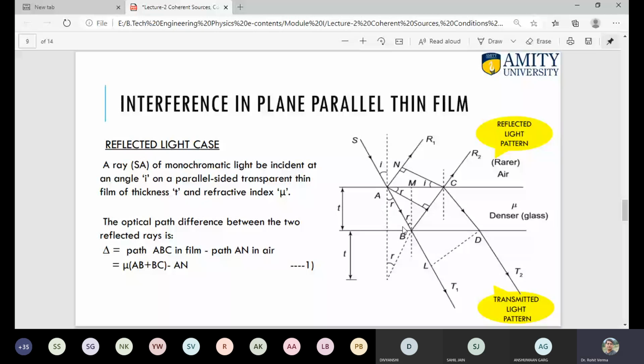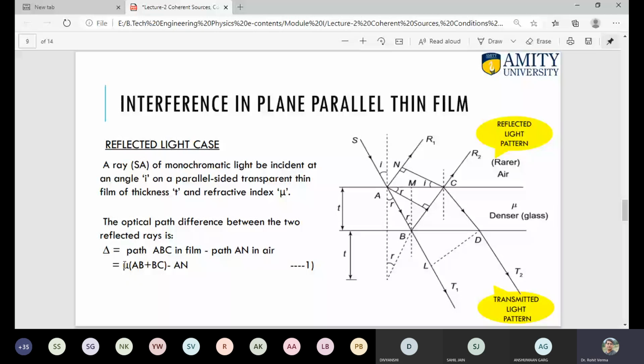So AB plus BC. But since we are concerned about optical path, in order to determine optical path, we multiply the real path by the refractive index of the material. So we have multiplied this path AB plus BC by the refractive index of the soap film or the oil film.